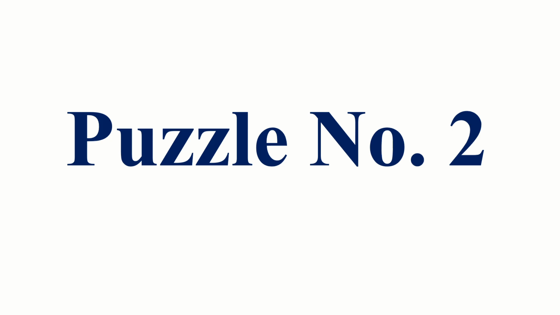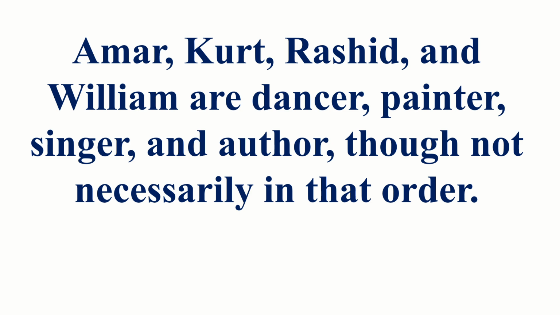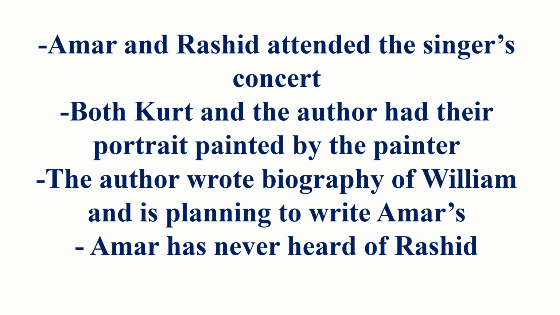Now we come to puzzle number 2, which is a bit more complicated than the previous puzzle. The situation is this: Amar, Kurt, Rashid and William are dancer, painter, singer and author, though not necessarily in that order. So these are the 4 premises that we have been given. Number 1, Amar and Rashid attended the singer's concert.